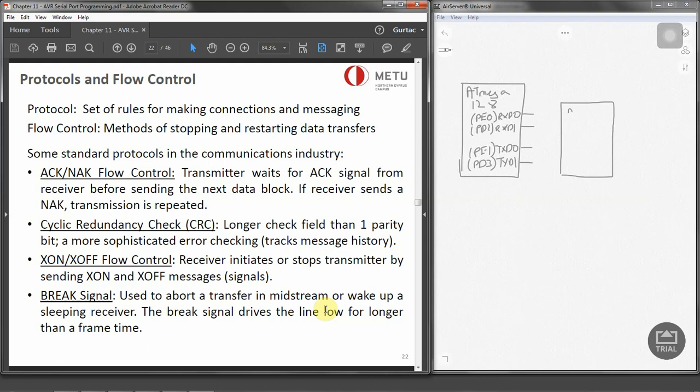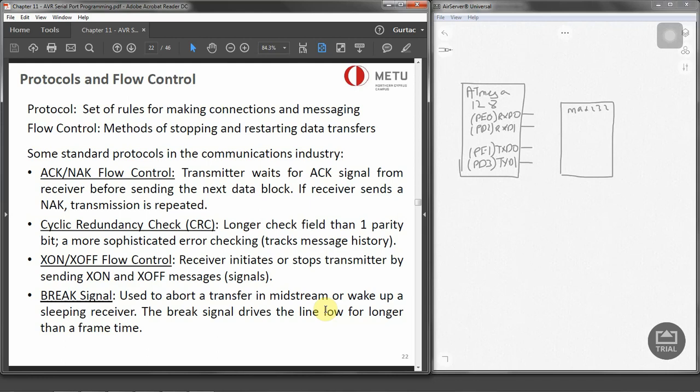So this is our MAX232. And with the MAX232, which you are going to see in a minute, we have got transmit and receive pins on both sides.